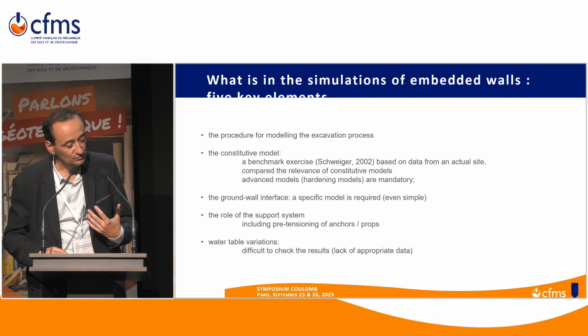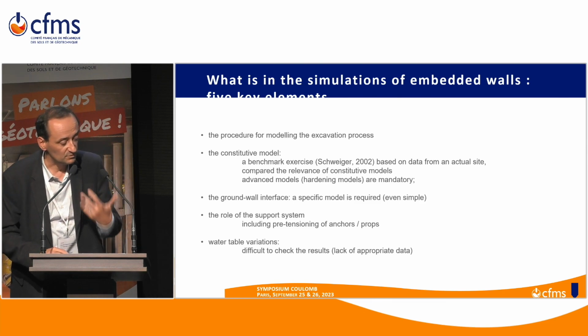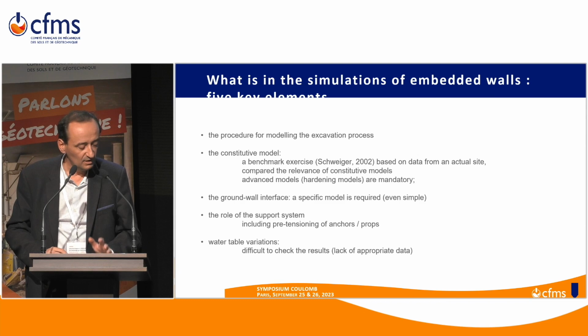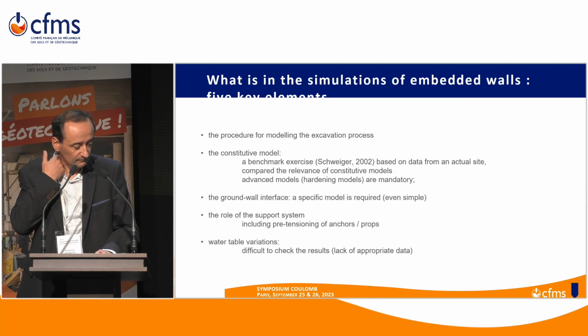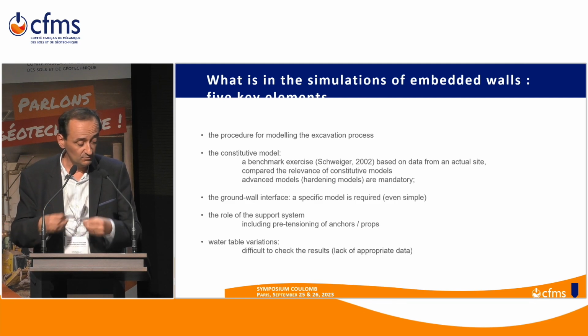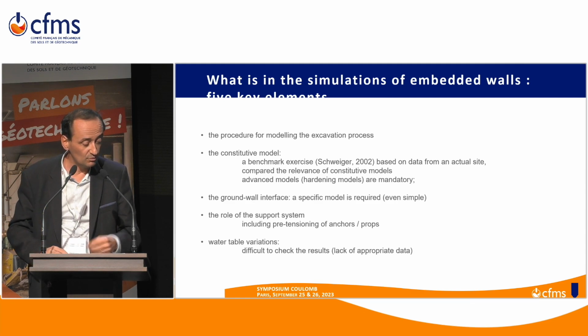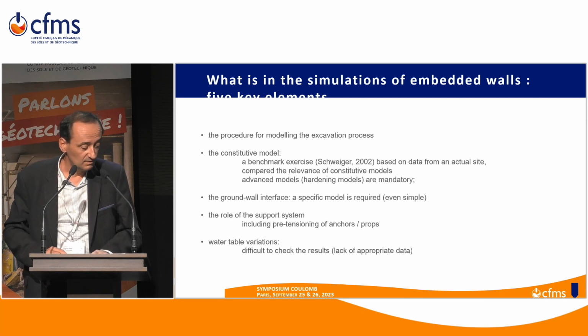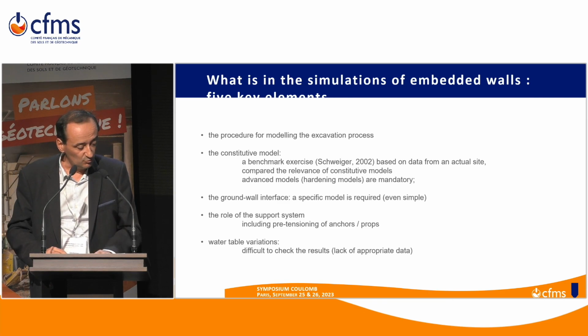You also have to introduce a specific model for the ground wall interface, even if you keep it simple. Well, there is a large difference between results obtained with and without a specific model for the interface. Then you have to take into account and to model numerically, to introduce in the computation the role of the support system, including pretensioning of anchors or props.